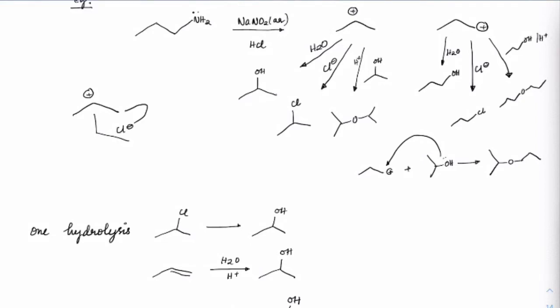Cl minus could extract proton from here and make a double bond, so alkene can also come into this. So these are all the products you can see: 1, 2, 3, 4, 5, 6, 7, 8. All these products are possible.